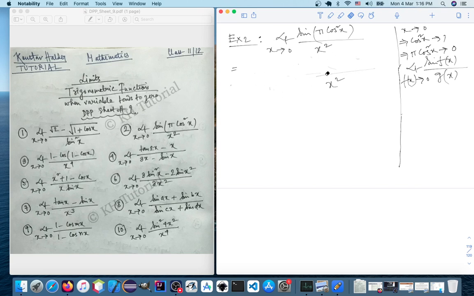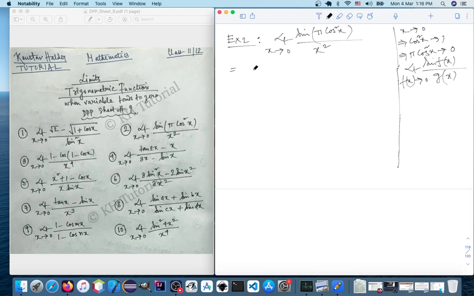I would like to simplify the given expression a little further. I would like to substitute cos square x with 1 minus sine square x, divided by x square.